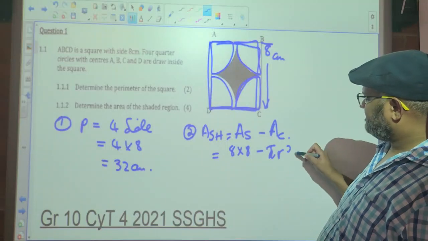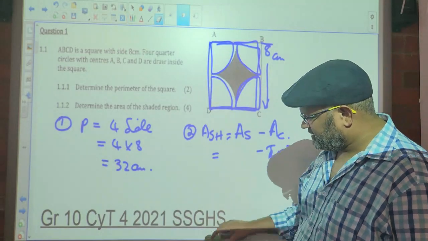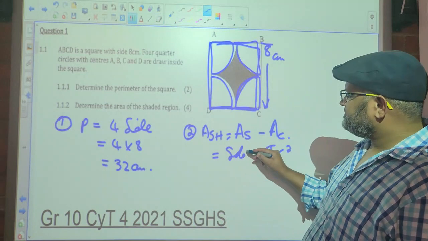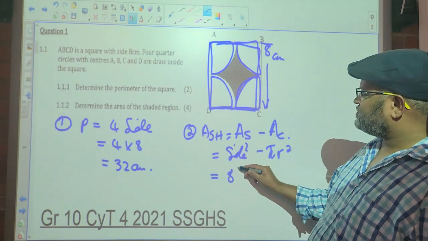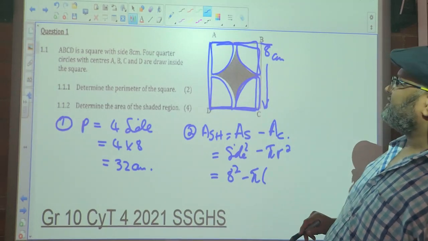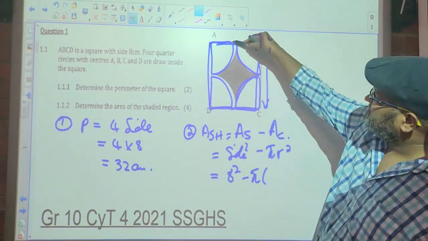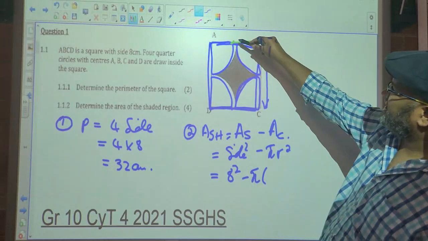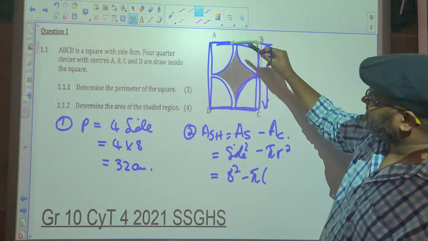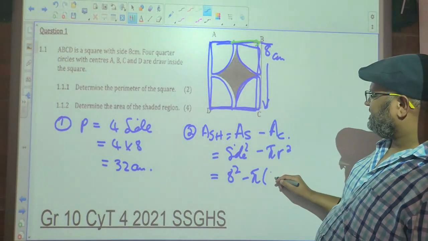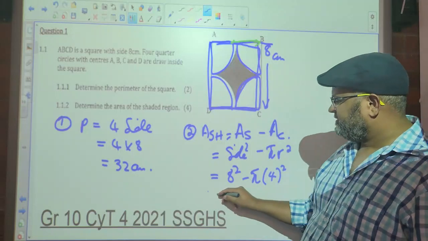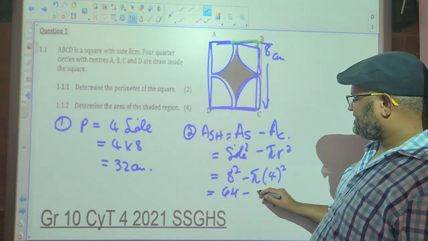Pi radius squared. Okay. So of course that is 8 squared minus pi. Now the radius of the circle is from center to circumference. So if AB is 8, then the radius of the circle has to be 4. So it's going to be 64 minus 16 pi.